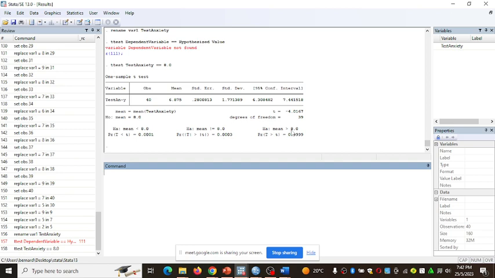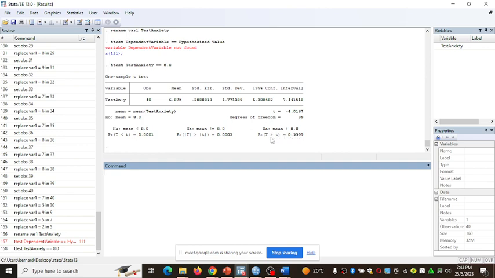We can do a conclusion based on this one here. The mean is greater than 8, and the p-value associated with it is 0.9. It is greater than alpha. So this is false.